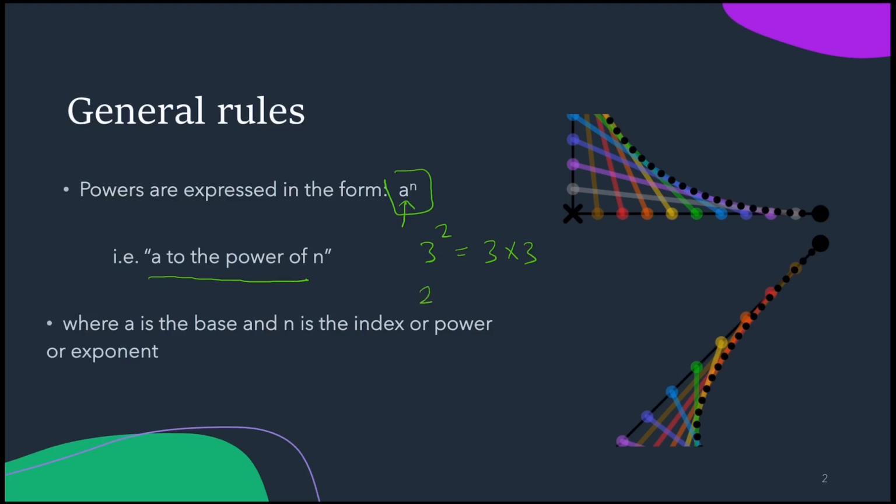Or I could say 2 to the power of 4, that means 2 by 2 by 2 by 2, 2 multiplied 4 times. So the base is 2, and this is the power or the exponent. You could possibly use one of those terms: index, power, or exponent. They all mean the same thing.